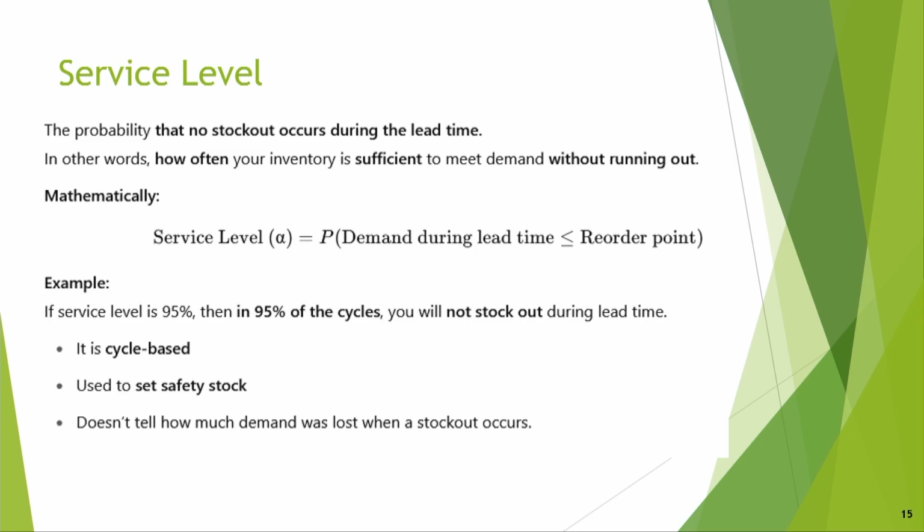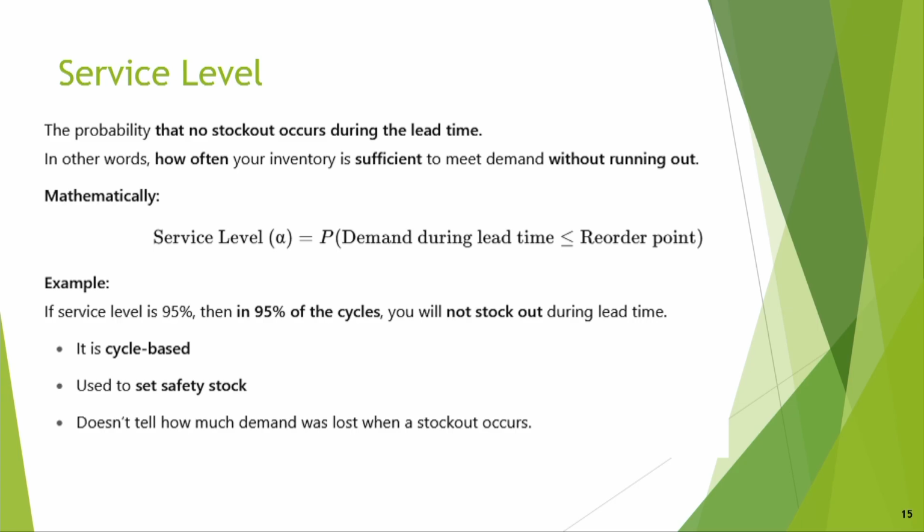So, during the lead time you will not get stocked out. Service level alpha is equal to the probability that demand during lead time is smaller or equal to the reorder point. Suppose service level is 95%, then in 95% of the cycles you will not stock out during lead time. So, it is basically cycle based, that means you calculate out of several cycles how many times you got stocked out.